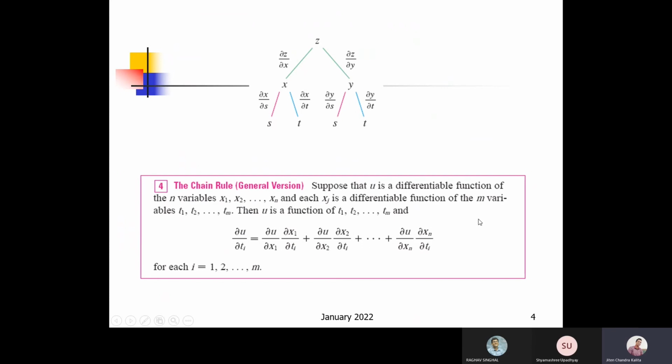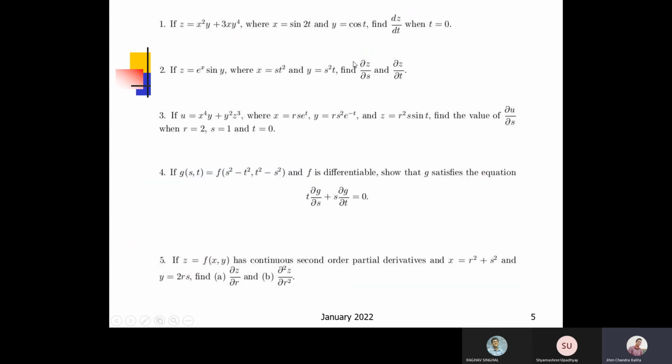Okay, so then I have a list of examples. One example I have already done. The rest of the examples you can try at home. What I'd like to do is try this example 5 because you can see that there is a higher order derivative involved there. Okay, so that is what I am going to do.